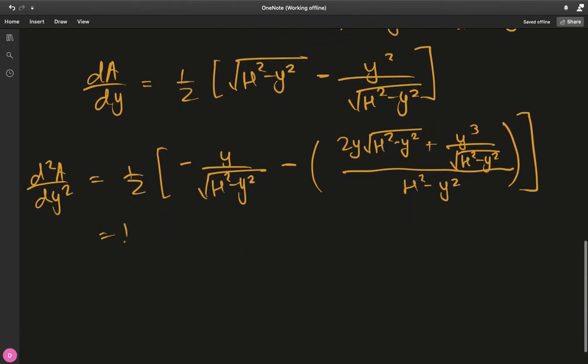So when we plug that in here, negative y over y, actually we can take the negative outside. We have a plus here as well. We plug that in, we have 2y squared plus y cubed over y, which is y squared, divided by y squared.